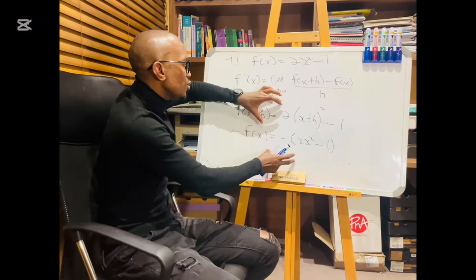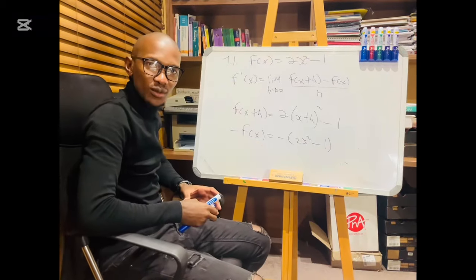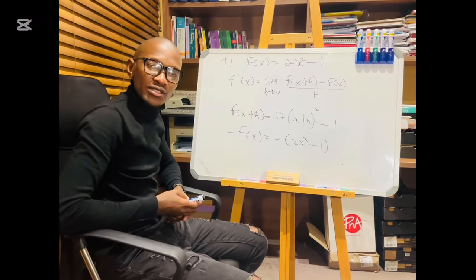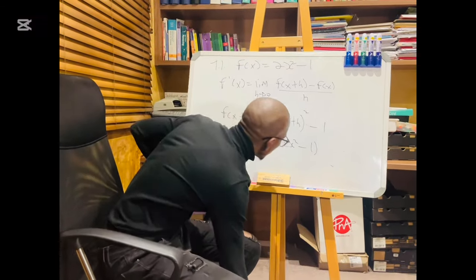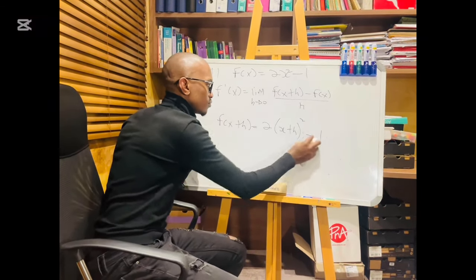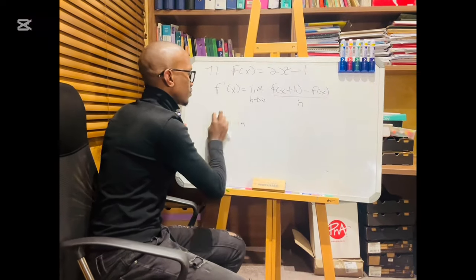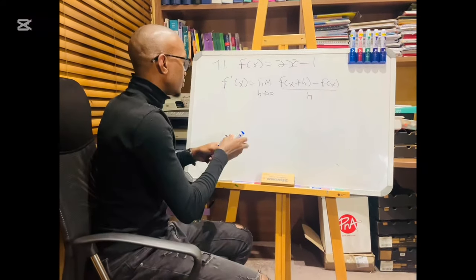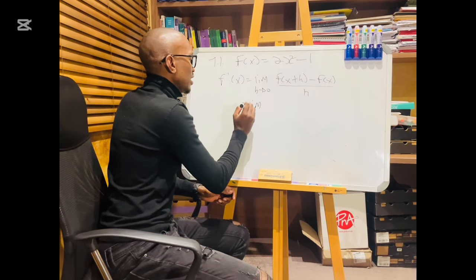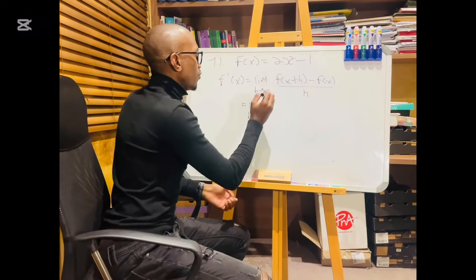I can take these two guys, plug them there on the formula. Then I'm gonna work it out and simplify. Okay, let's decompose it, guys. Right, well, that's okay. So I'm gonna have the limit as h approaches 0 of what?